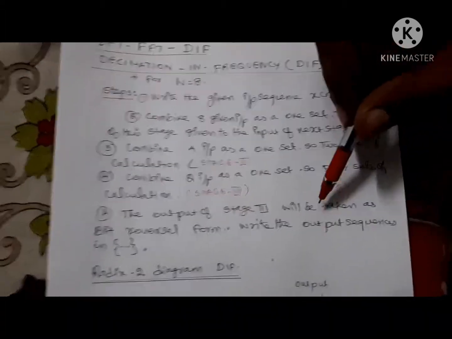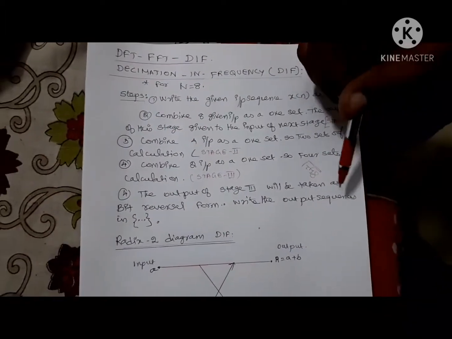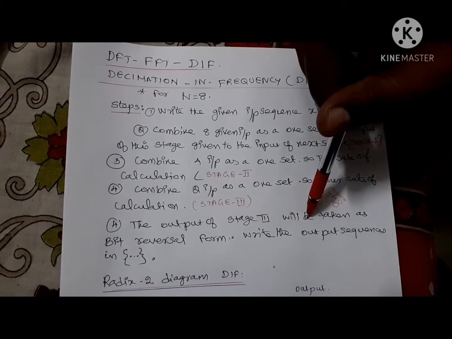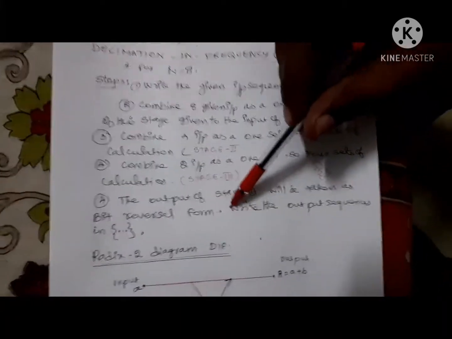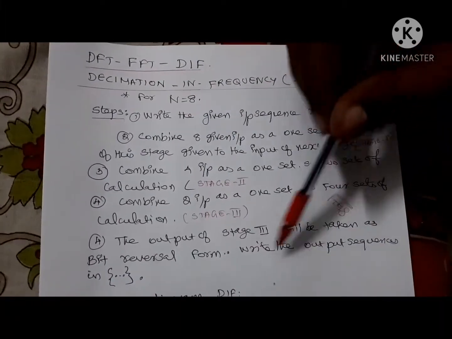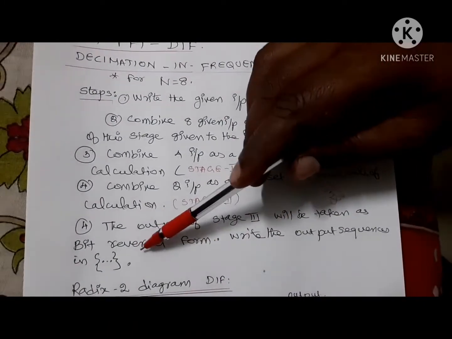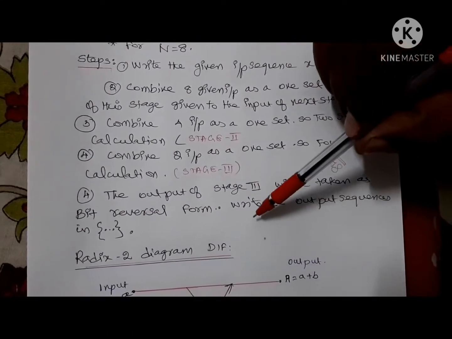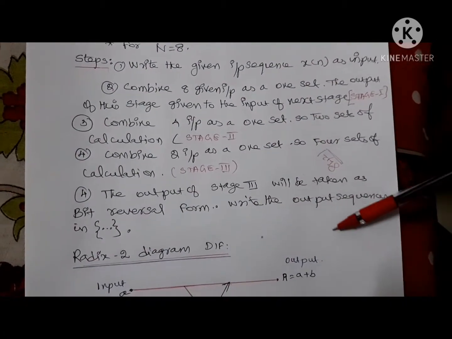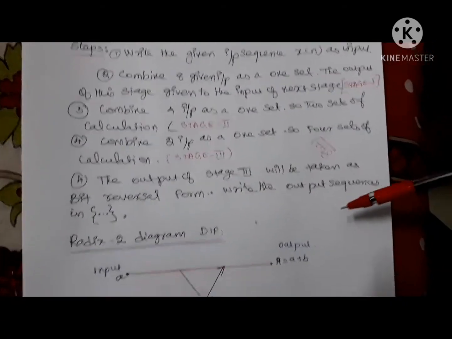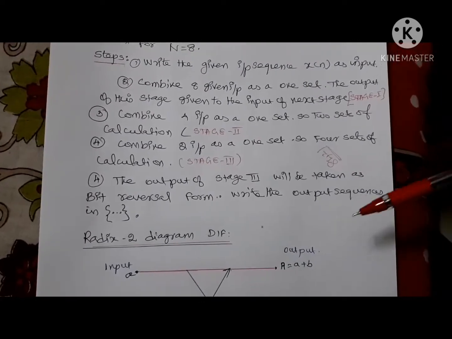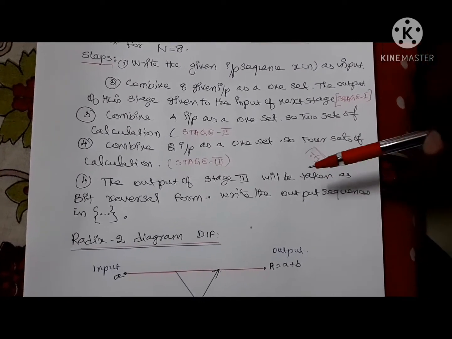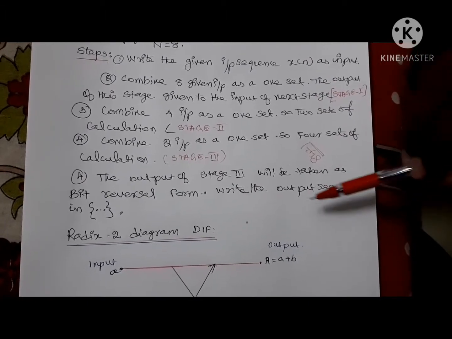After the output of the third stage, we must do the bit reversal operation on the third stage output. After the bit reversal operation, we write the output sequence in parentheses. That is called the DFT of the given input sequence x of n. So the only difference is that there we calculate in 1, 2, 4, 8 form, and here in 8, 4, 2, 1 form. This is called DIF.